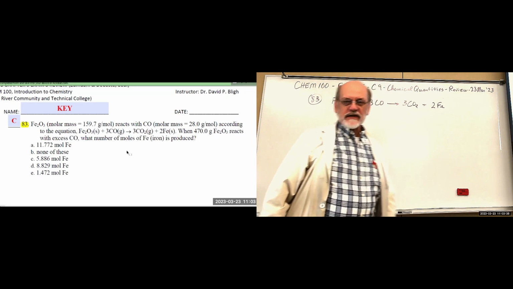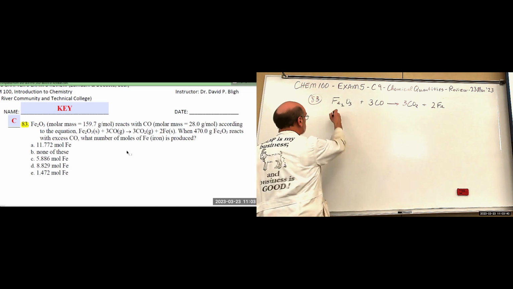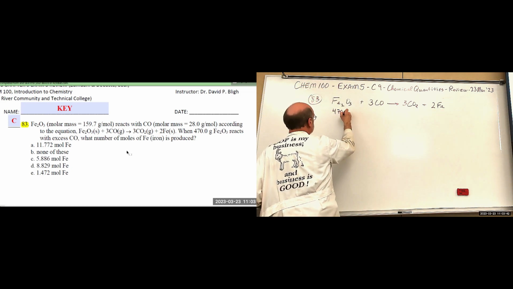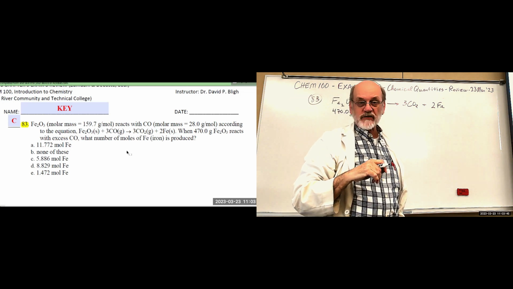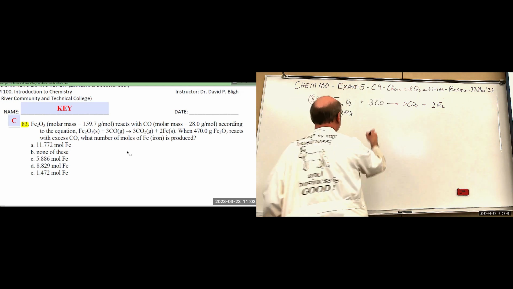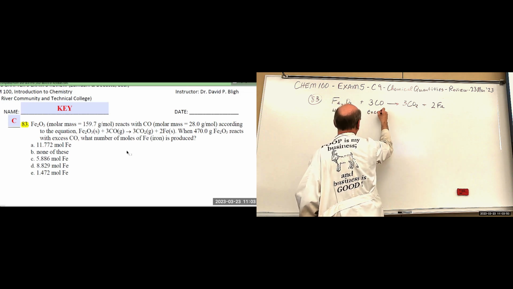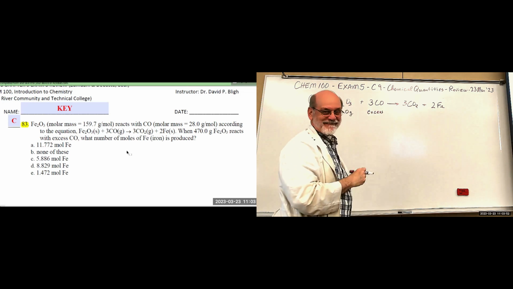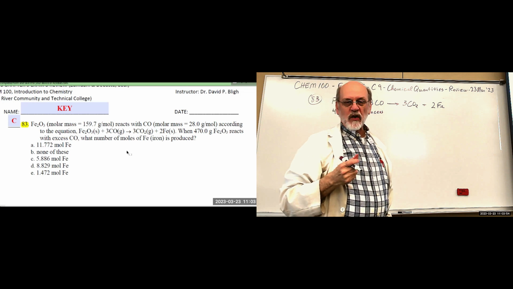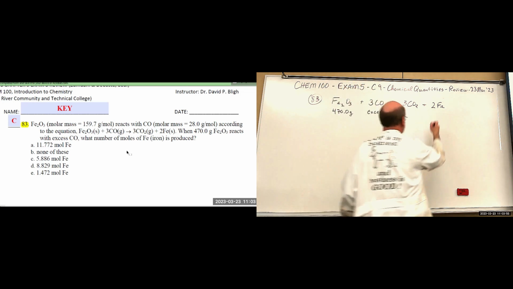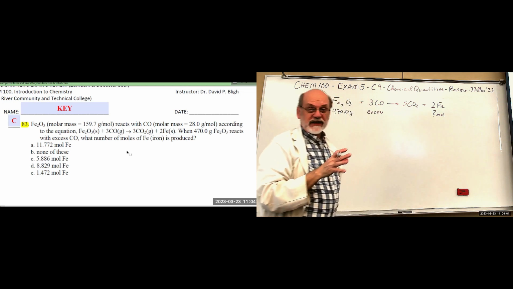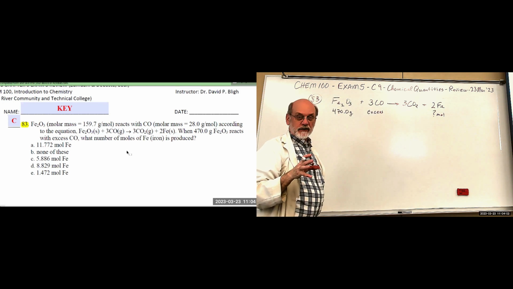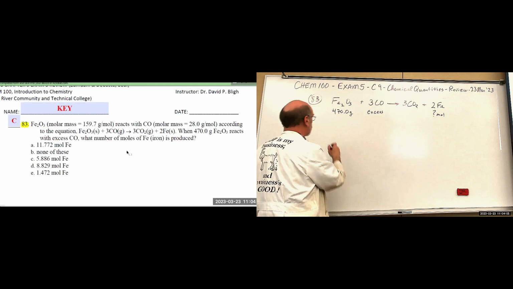So when 470.0 grams of iron(III) oxide reacts with excess carbon monoxide, what number of moles of iron is produced? In this case, we do need the molar mass that's given, 159.7 grams per mole.